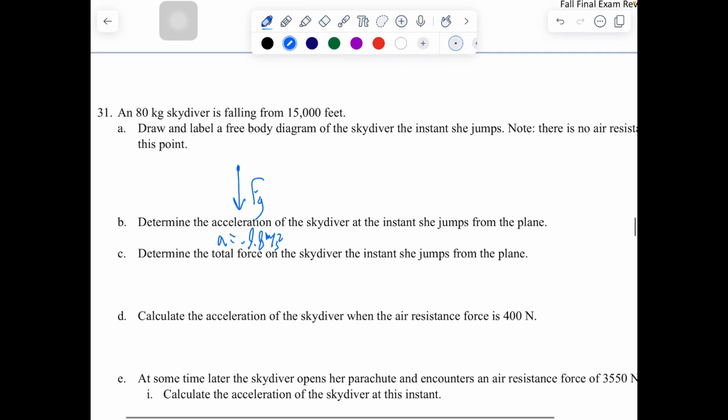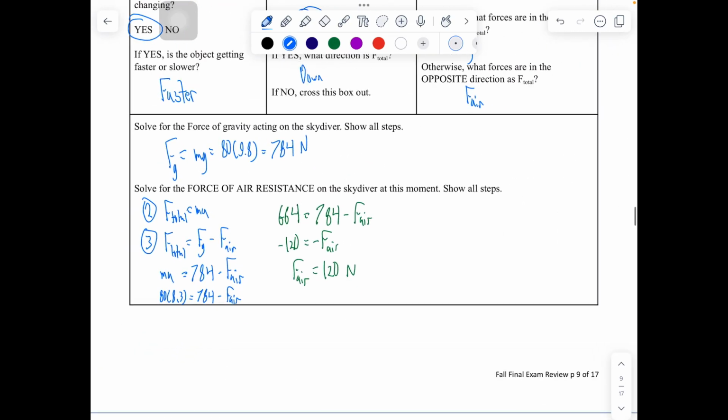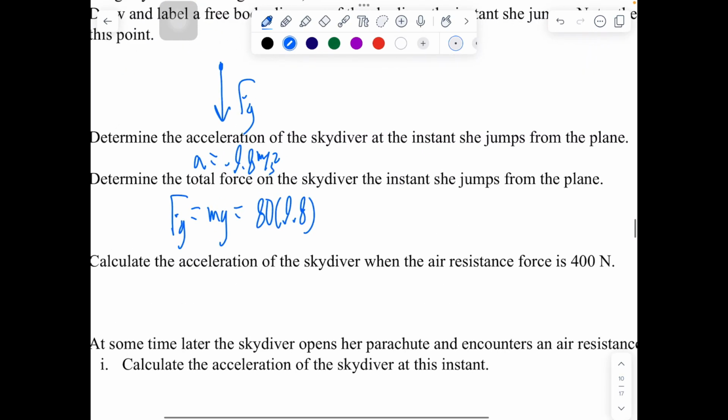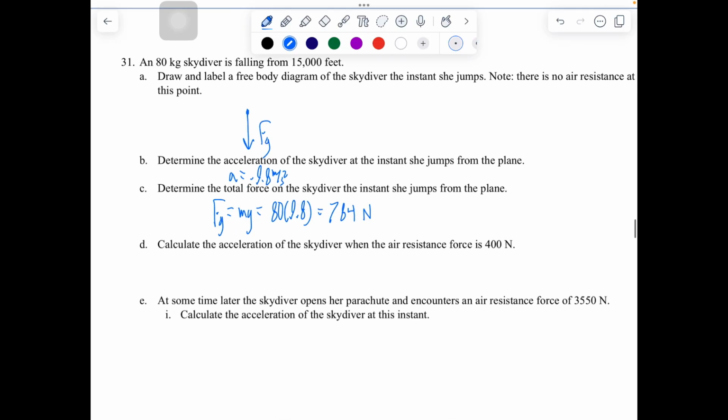Total force. Well, only force is gravity. Gravity is mg. The mass is 80. G is 9.8. We just solve for this up here. 80 times 9.8 gives us 784 newtons. Acceleration in the skydiver when the air resistance is 400.